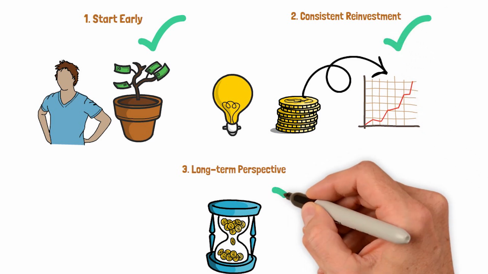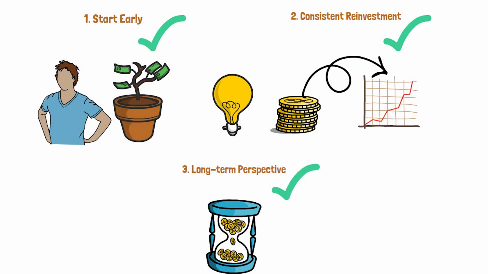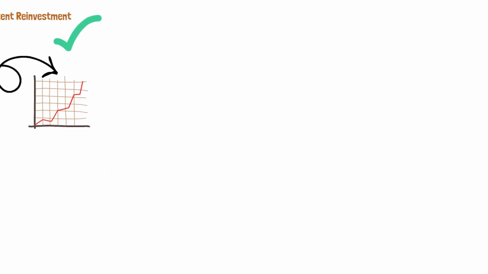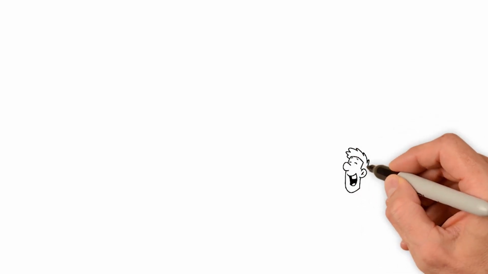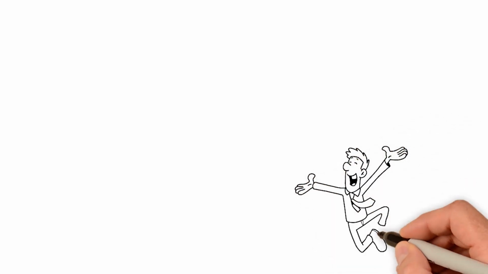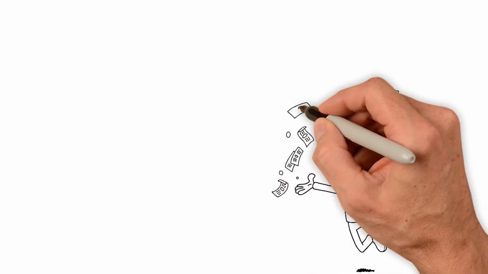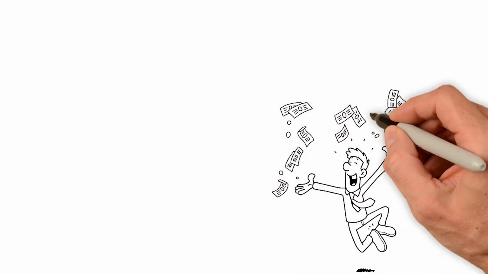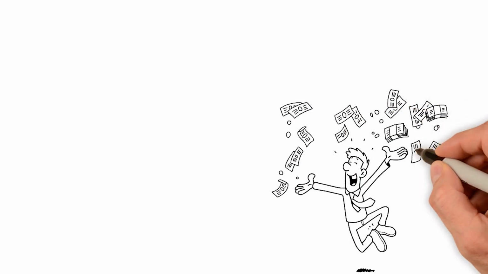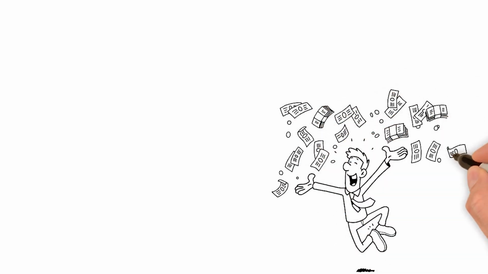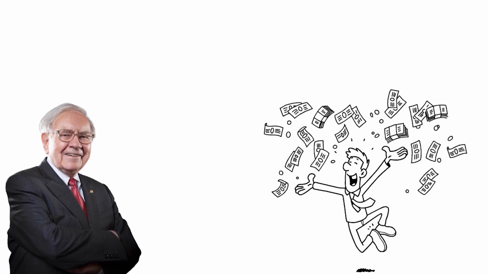Always reinvest your earnings. 3. Long-term perspective. Think decades, not years. Whether you're just starting your financial journey or looking to maximize your current investments, understanding and utilizing compound interest can transform your financial future. Warren Buffett's success story is a testament to the power of this principle. That's the secret behind Warren Buffett's success with compound interest.